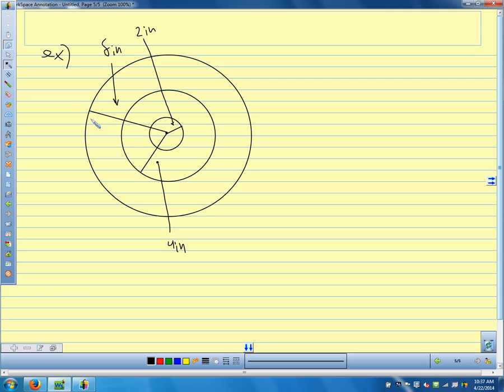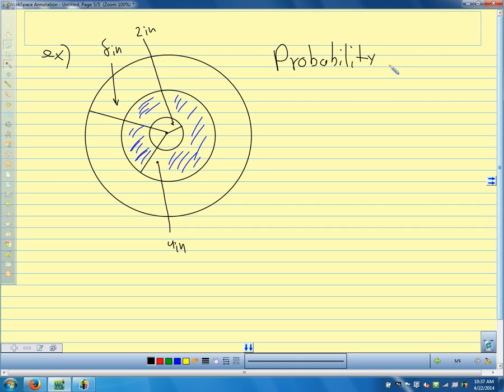And we want to figure out the probability of hitting the blue shaded ring. So we're tossing a dart, shooting an arrow, something at random into the target. So the probability of hitting the blue ring.